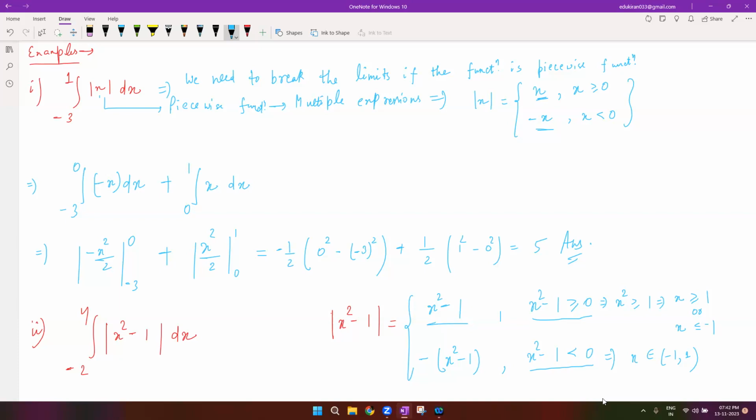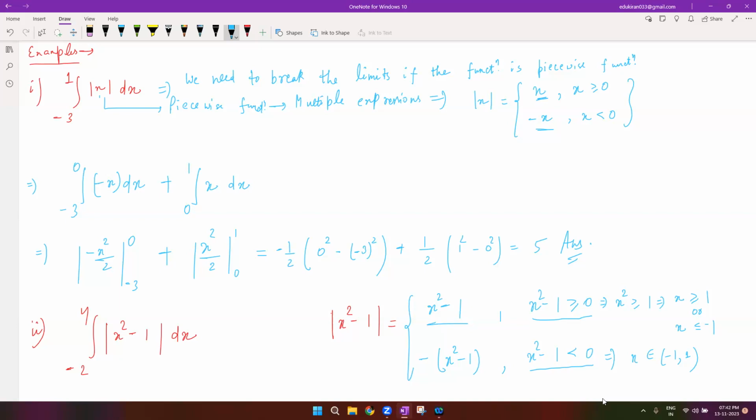But first understand, we have to open the modulus function, because modulus function is piecewise. So you remove the modulus directly if the quantity inside is positive. You remove the modulus with a negative sign if the quantity inside is negative.